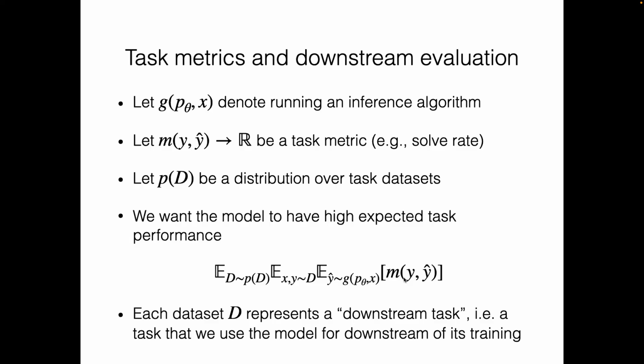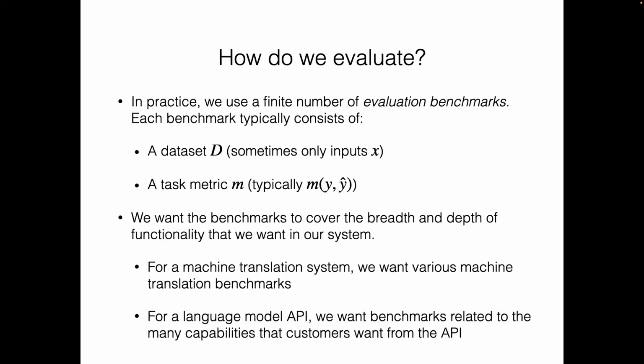So that's the setup. And if you think about it a bit, we don't really have this kind of magical task distribution here. And it's not clear exactly what the different metrics are. So now we're going to talk about what you would actually do in practice.